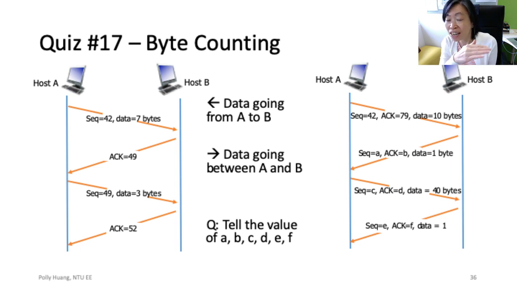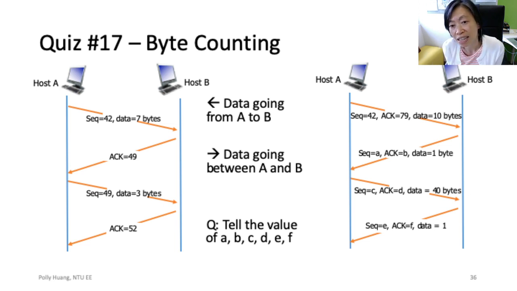Similarly, host A generates more data and sends it back in this direction to host B. That packet not only ACKs the data coming from host B, but there are more being sent, 40 bytes of them. What should be the sequence number and the ACK number in the third packet? And in the fourth packet?